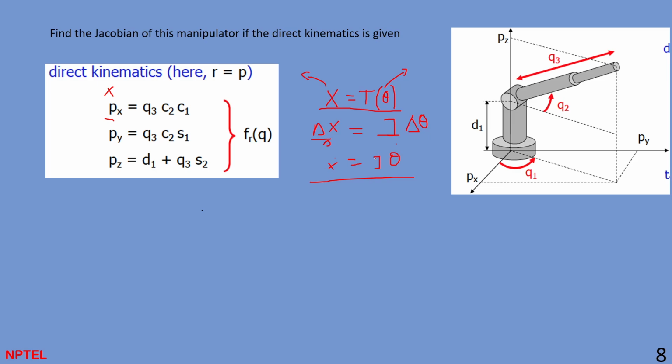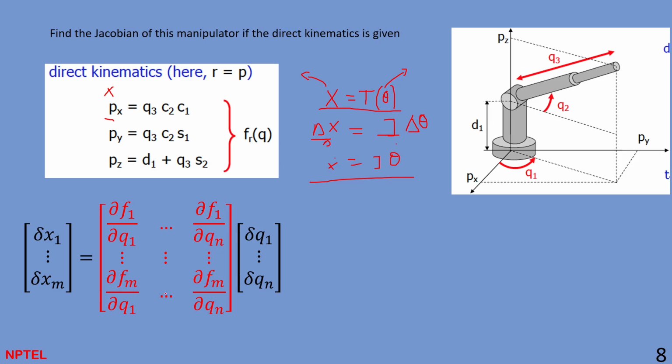How to find the Jacobian? This is how the Jacobian looks. If you have delta x, delta y, here it will be delta px, delta py, delta pz. Basically delta f1 by delta q, where f is basically your transformation, so this will be your f1, f2, f3.